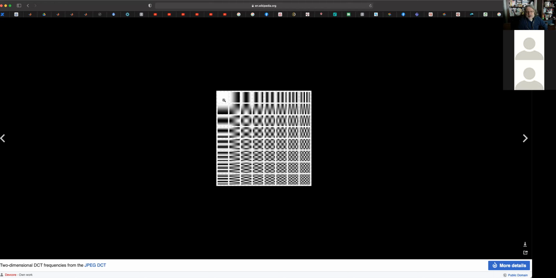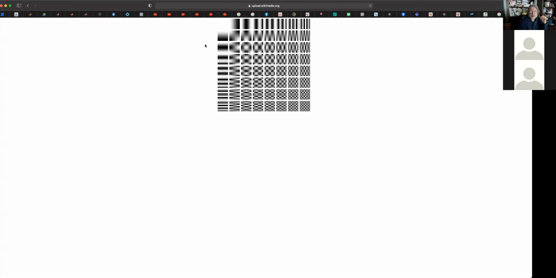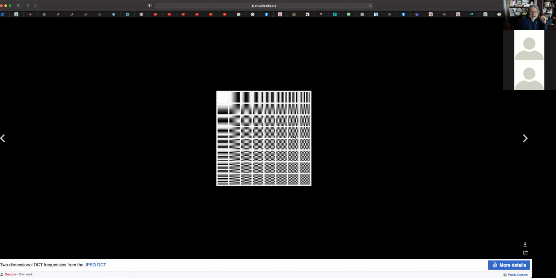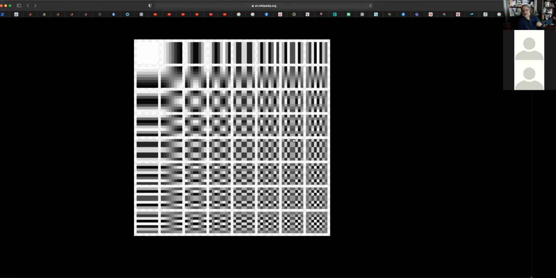So the discrete cosine transform's first column seems to be a DC value, the same value for all the cases. So the outer product with itself, just like the one that we did, is 1, 1, 1, 1. So it's flat. And so this is flat here. Let me expand it a little bit. So the first one here is just a flat thing. The other one going in the horizontal direction, as you see, is increasing in frequency.